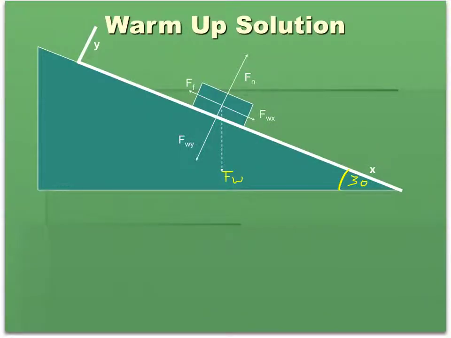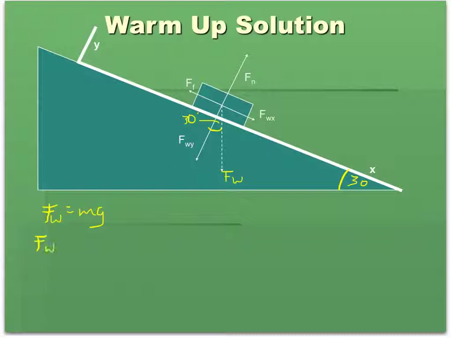Alright, so here's the same drawing. I just moved it up a little bit to show the work. So we've got our 30-degree angle here for the incline, and we know that that angle is always equal to the angle in between Fwy and Fw. And we also know, in this particular case, that our Fw we can calculate because it told us the mass of the block is 5 kilograms.